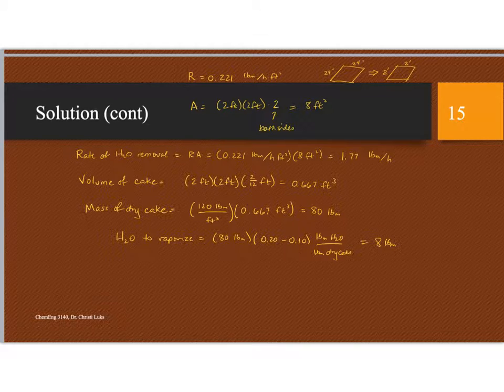I can use this with my drying rate to estimate the drying time: the amount of water to be vaporized, 8 pounds mass, divided by the rate of water removal, 1.77 pounds mass per hour. This estimates that it will take about 4.5 hours to remove the necessary water.